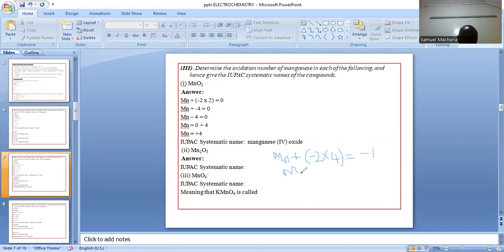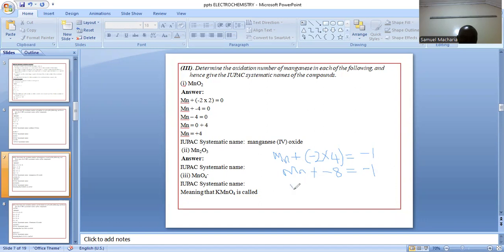So we are having Mn plus -8 equals -1. As you can see here, -8 can be taken to the other side.